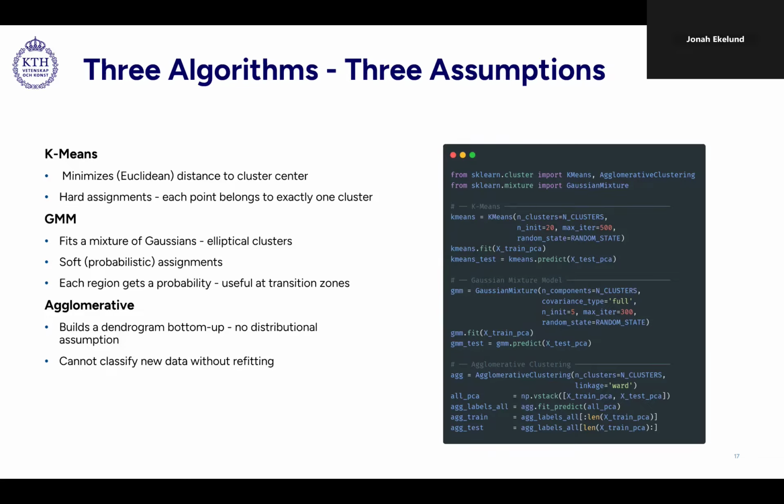Some of the negatives here are, firstly, that you have a hard assignment. Each sample is assigned to one cluster only, even if it's just at the border between two clusters. There are some alternatives where you have a soft assignment based on distance to the cluster center also, but the basic version uses hard assignments.